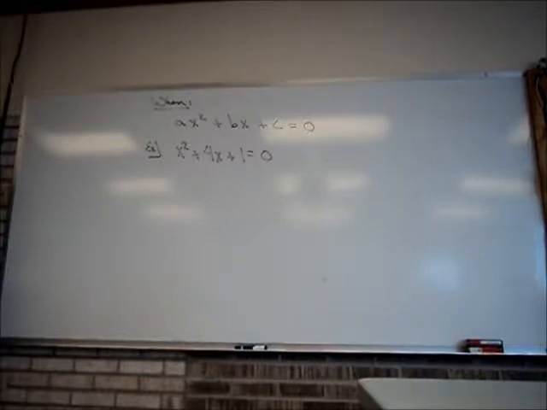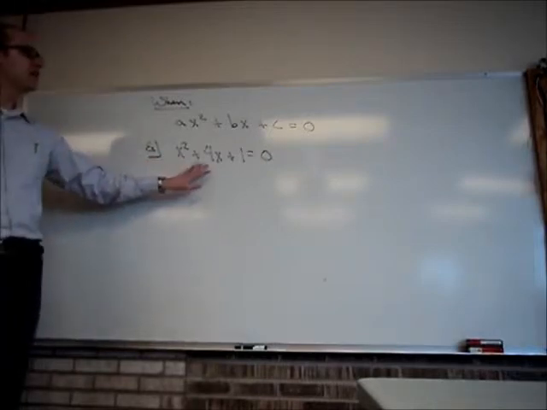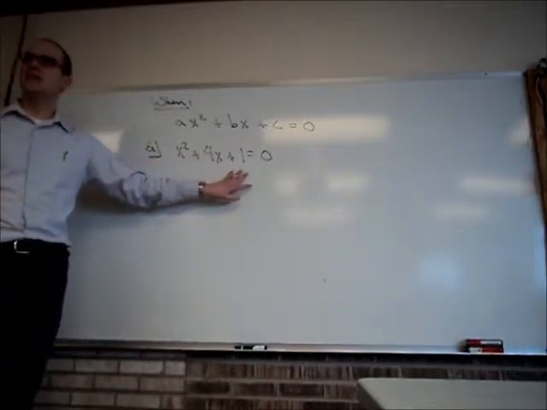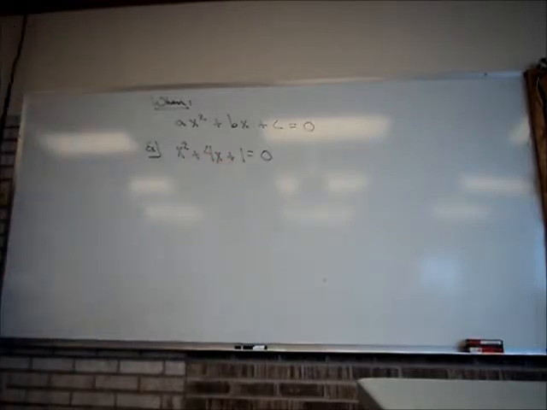But when I look at this quadratic trinomial, the first thing you need to do when solving polynomials is the same thing we did last time. You have to get it equal to 0. Okay, you guys got that? You got to get it equal to 0, and you need to make sure it's in the correct order. x squared, x, constant. Because if it's in the correct order, then that tells you the value of a, b, and c.